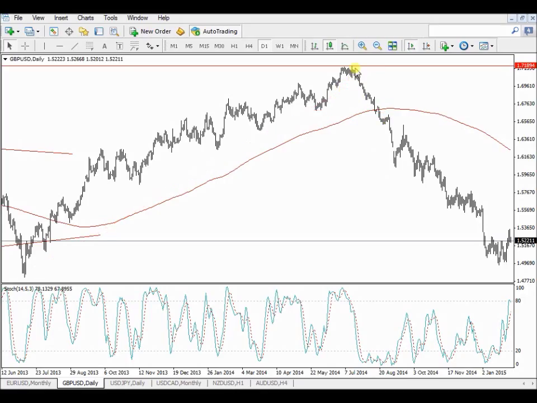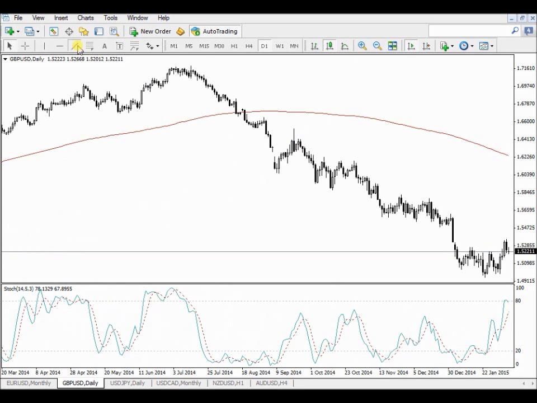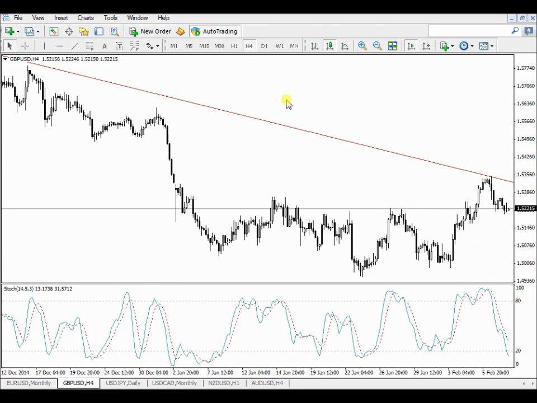Let's go more recent. I like this market at the moment. Why is that? I've got my resistance here. Look how the market bounced off the resistance or the trend line. My indicator is up here. So let's analyze this market.